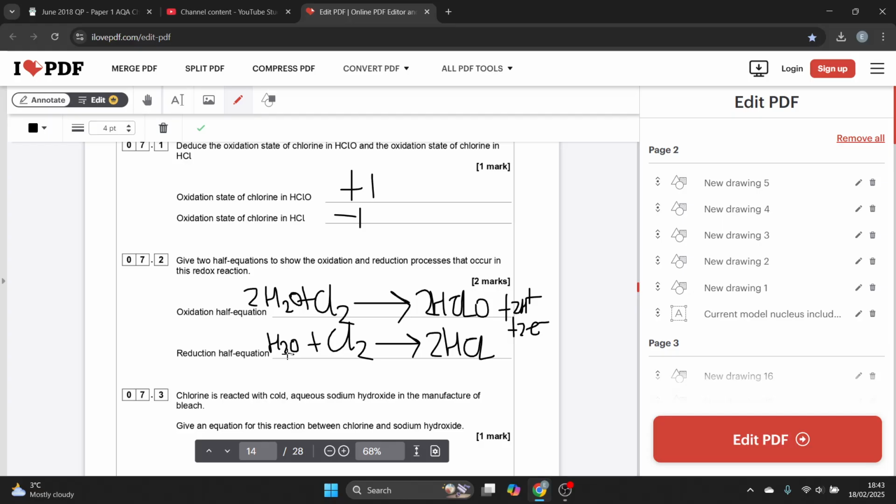But I've got an oxygen here, so then I need to add a water molecule here, then add 2H plus and 2e minus.